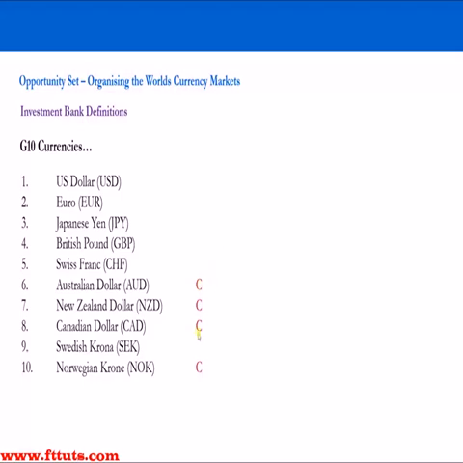So we mark these up with a C to begin with. Investment banks will group all currencies together as G10. So will retail brokers. And that's basically to divert your attention away from what really matters, which is volatility. They're trying to group them all as one basket, dependent just solely on the size of the transactions that occur every day in the Forex markets.